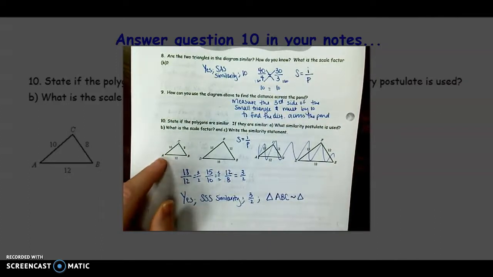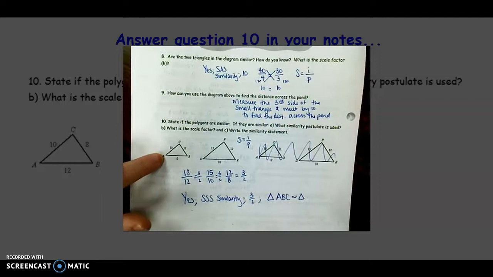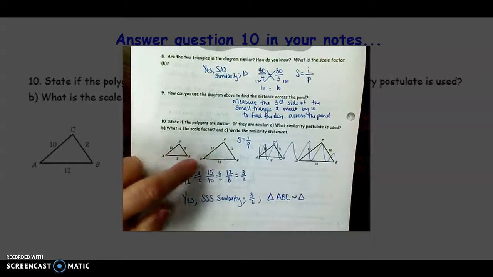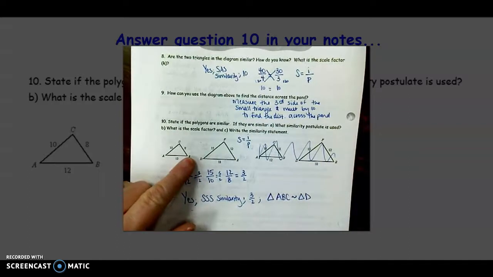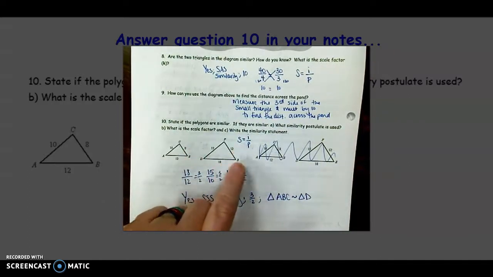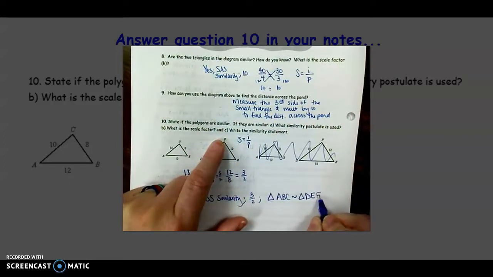So side AB, well, we could look at this angle A. Usually the angles are easier. A is between the side that was the medium side and the largest side. So between the medium and the largest here is angle D. B was between the smallest side and the largest side. So between the smallest and the largest here is E. And of course the third letter would be F.